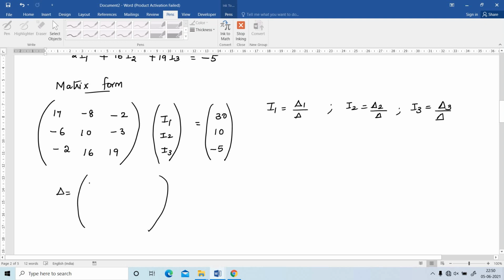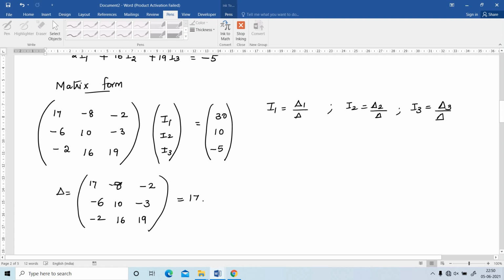Delta means the same matrix, write it once again: 17, minus 8, minus 2, minus 6, 10, minus 3, minus 2, 16 and 19. I am going to find out the determinant of this matrix.